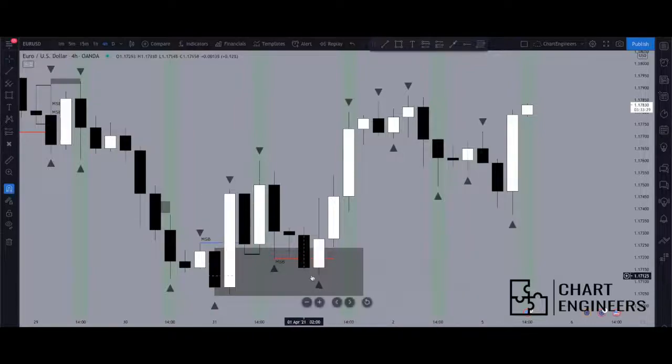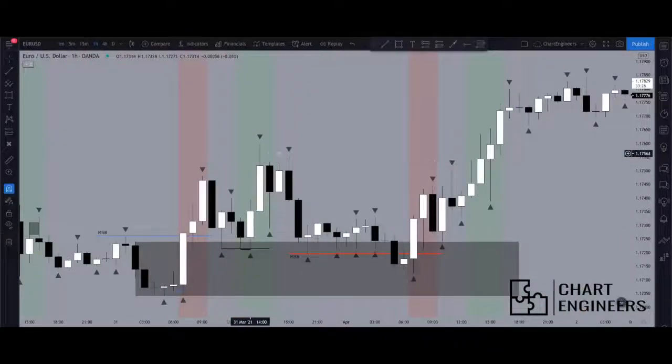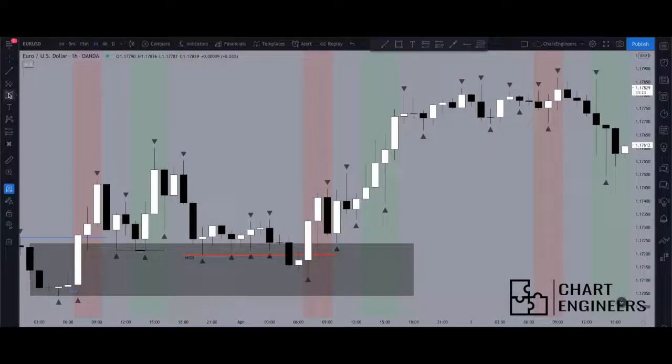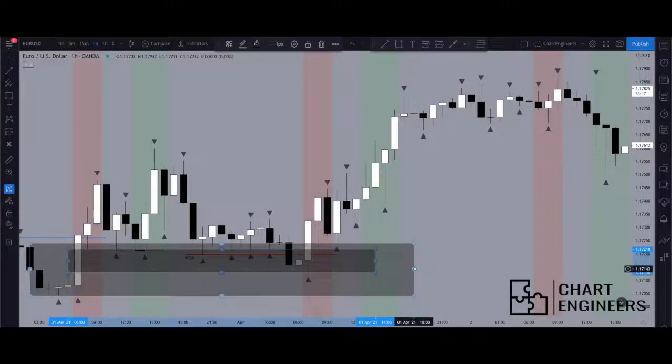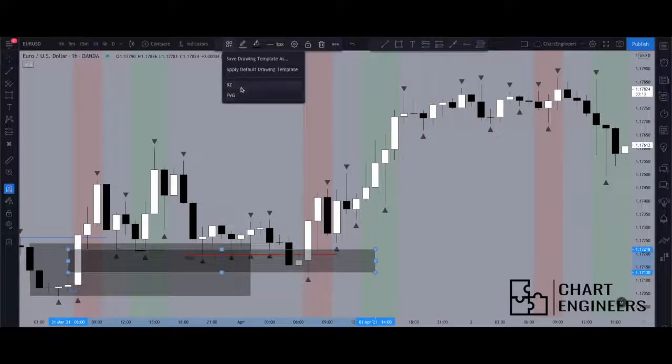So this is the H4. Then move on to H1, and we see that price has a H1 fair value gap over here. So a H1 fair value gap within the H4 order block.